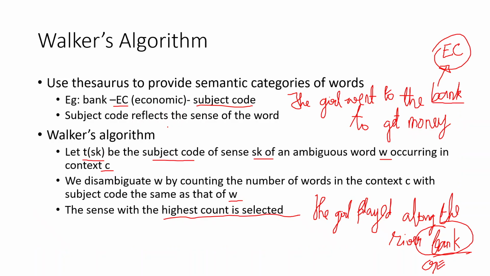So in this particular example, we can see that bank has EC as the same code and money also has EC as the same code. But if you look at this sentence, in the context of money, there are no other words. So if you are looking at the bank as a financial institution, this sentence will have the code of economic.